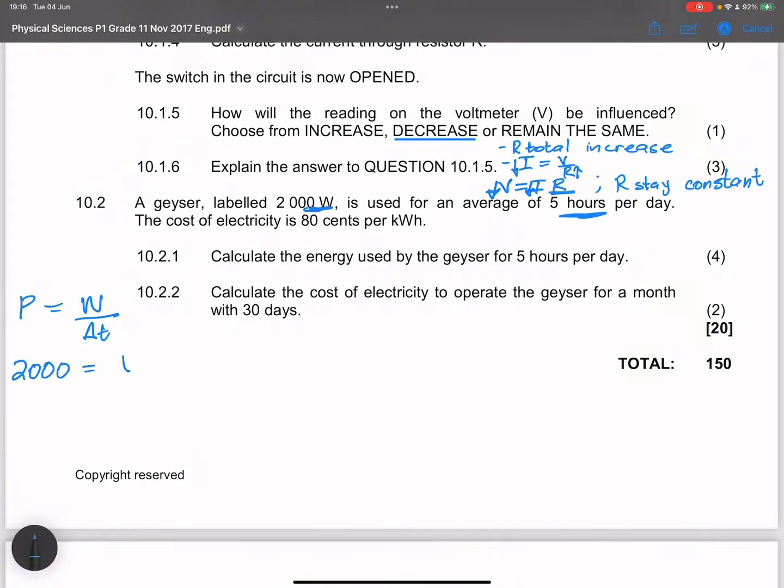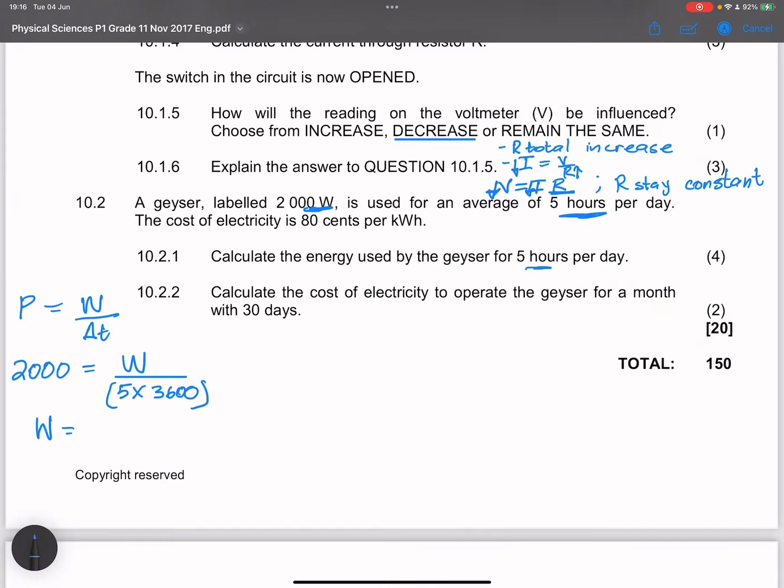We want the energy, and in this case we know it is 5 hours, so that's going to be 5 multiplied by 3600, which is the total amount of seconds that we have in 5 hours.